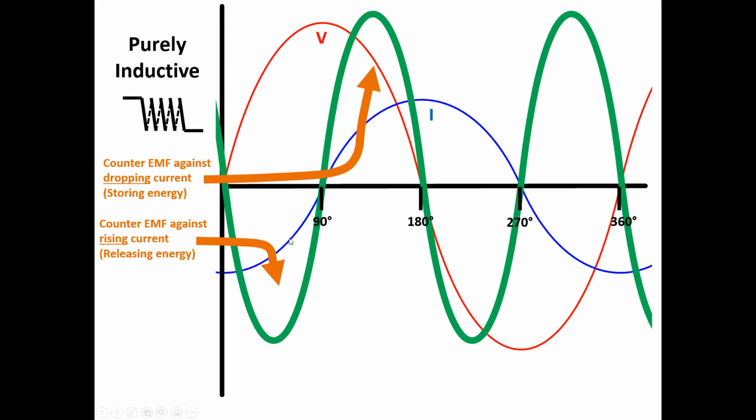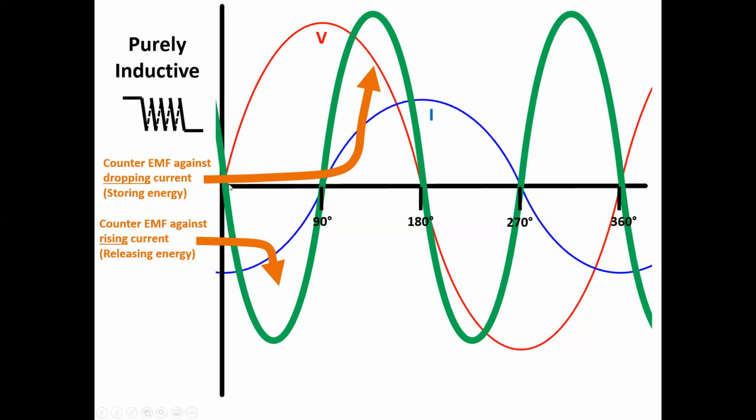So at this point, we have a negative current and a positive voltage. And when we multiply a positive and a negative, what we get is a negative number, right? A positive multiplied by a negative gives you a negative value.